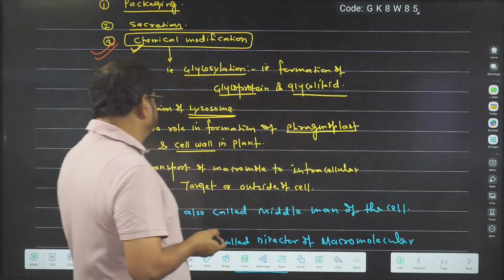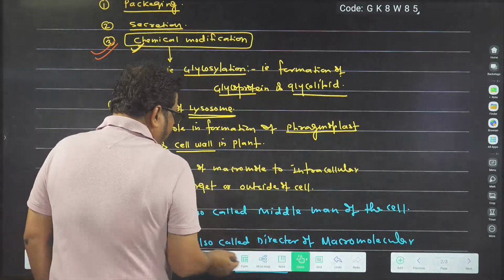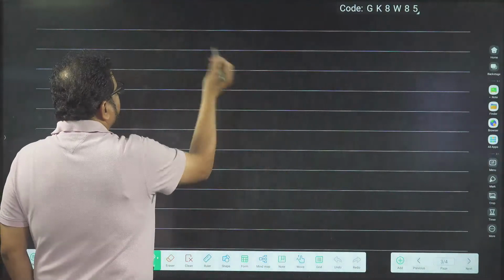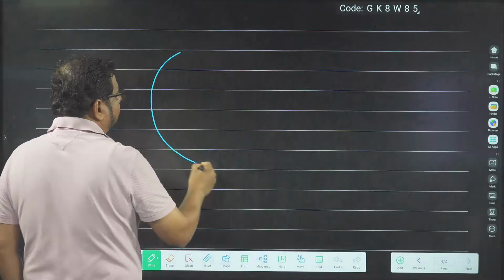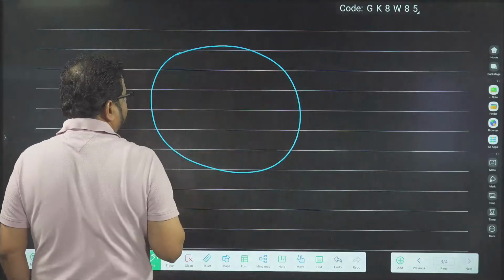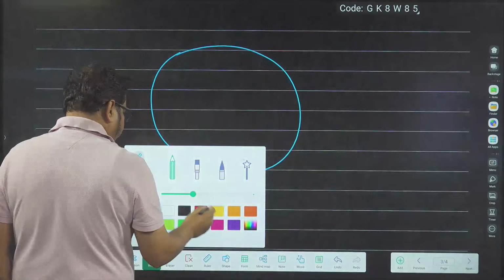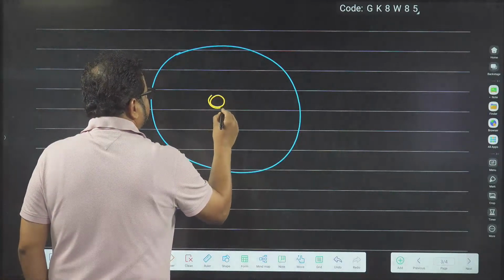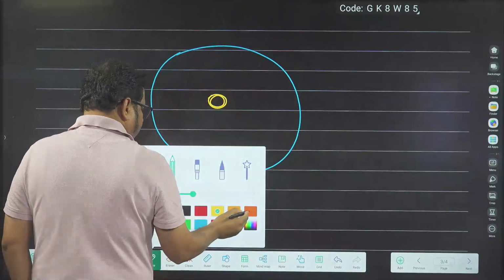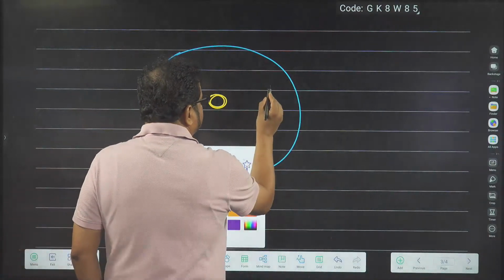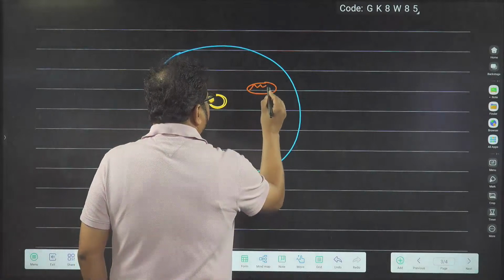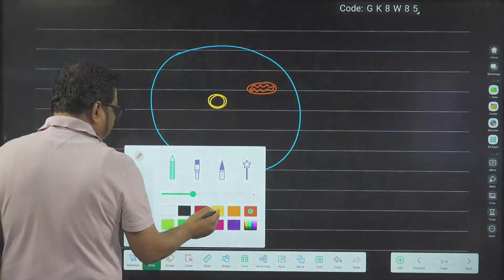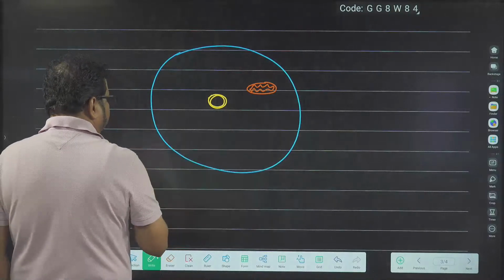Okay, now give your attention. I am telling you how chemical modification occurs. Try to understand: this is a cell and it is important. This is the nucleus. I am just giving a symbolic diagram. Suppose this is a cell organelle, you can say mitochondria, and suppose this is endoplasmic reticulum.